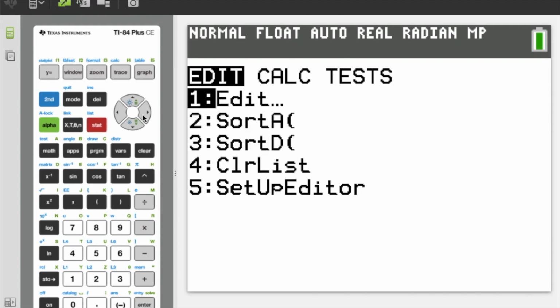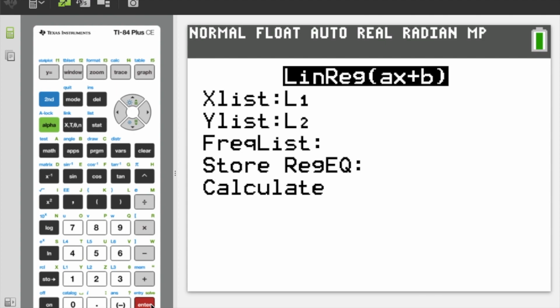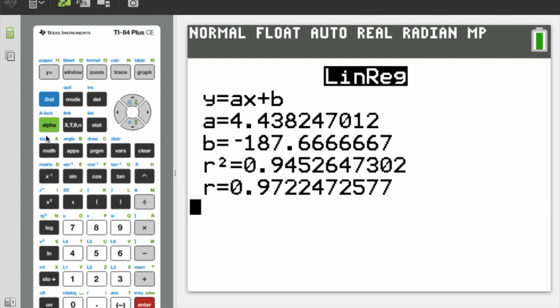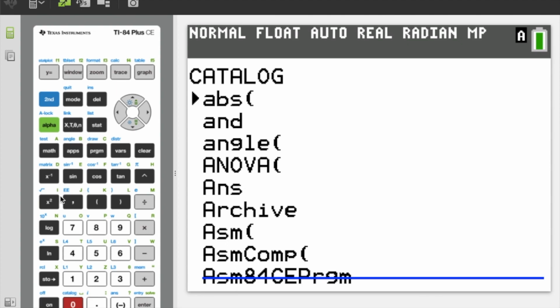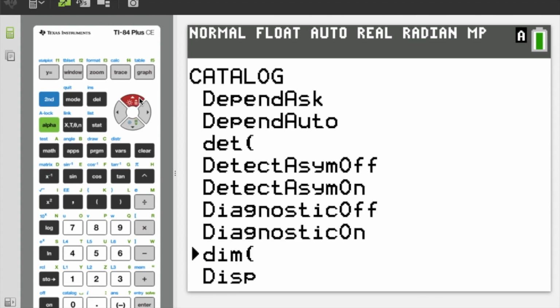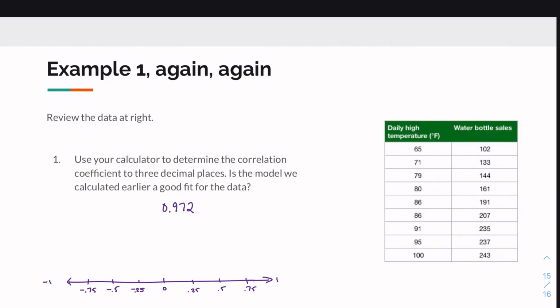And then I'm going to rerun my linear regression, and it's going to give me my R and R squared. I already had mine turned on because I was practicing with this before and I didn't shut it off. But if you reset your calculator, or if you haven't done this before, originally all you'll see is the A and the B. So you have to turn your diagnostic on in order to do that. So again, that's just second catalog, and you're going to work your way down until you see that diagnostic on. And that's all you need to do to find the correlation coefficient.